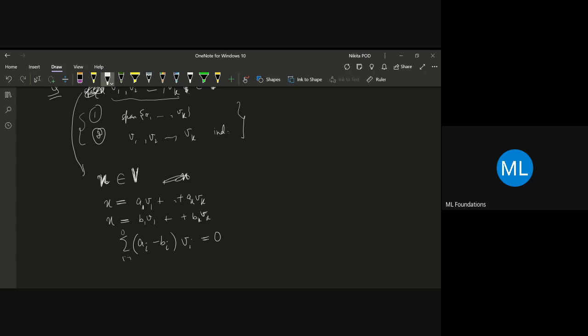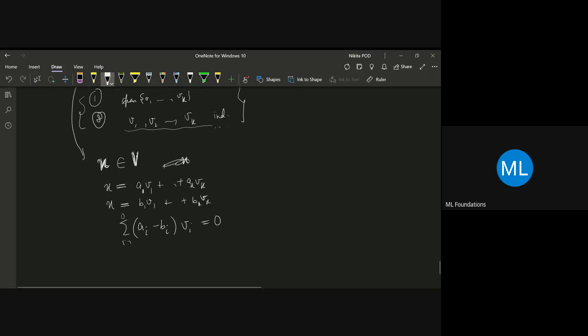Since these vectors are independent, each ai minus bi should be 0, which means ai equals bi. So if you have a basis for a vector space, and I give you any vector from that space, you will be able to write the linear combination uniquely. That is what it means.